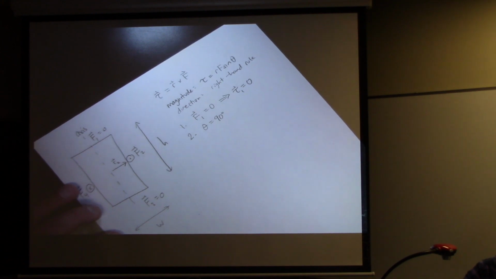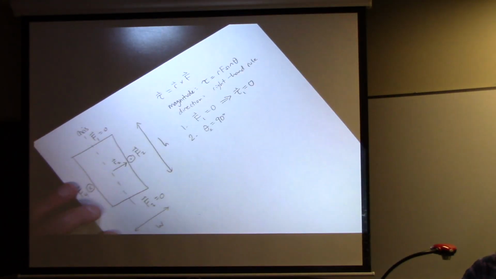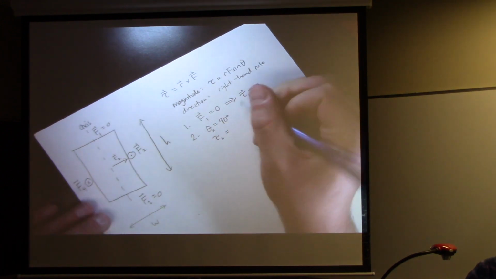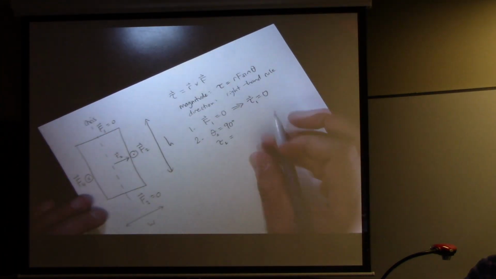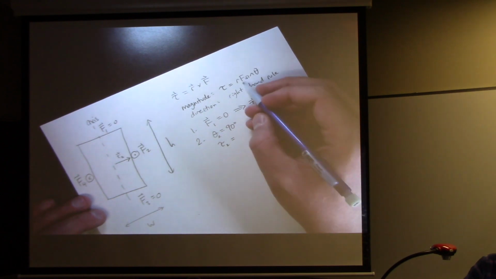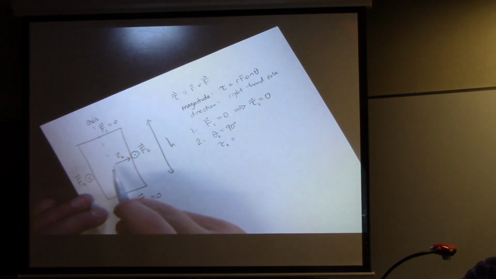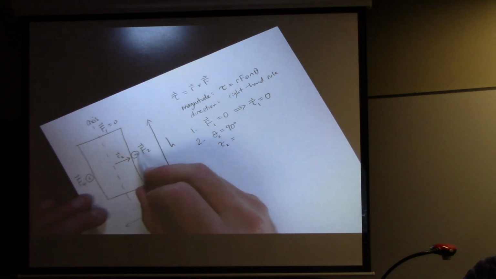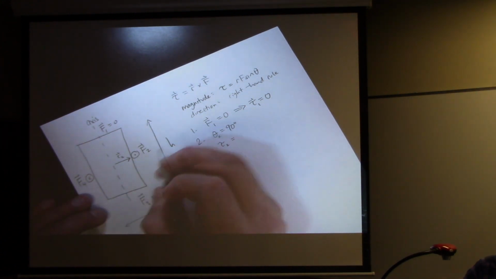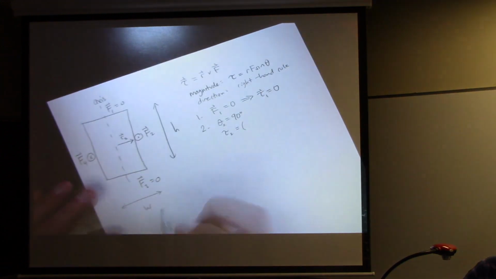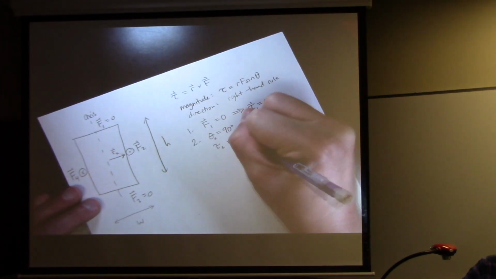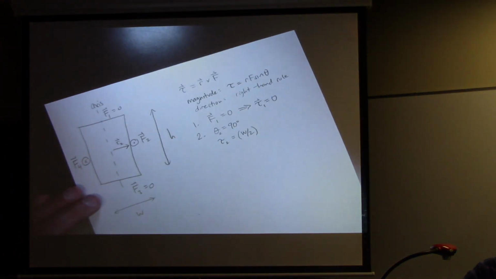Okay, so if I want to get the magnitude of this torque, the magnitude is going to be the magnitude of r, which would be the straight line distance from the axis of rotation to where this force is being applied. That's exactly half of w. It's half the width of the loop.